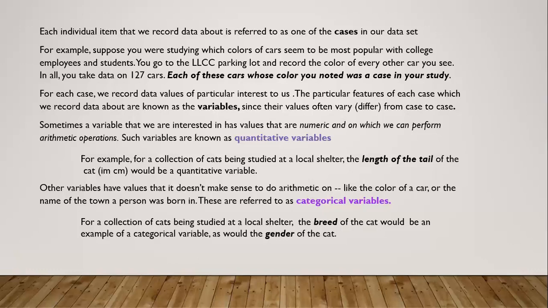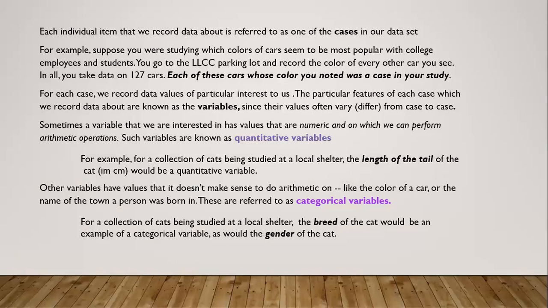And referring back to our previous example of the cats in the shelters, if you went cat by cat and you recorded the breed of each cat, that would be an example of a categorical variable. It wouldn't make sense to talk about the average breed of all of the cats, or the gender of the cats, if we recorded whether the cat was male or whether the cat was female.